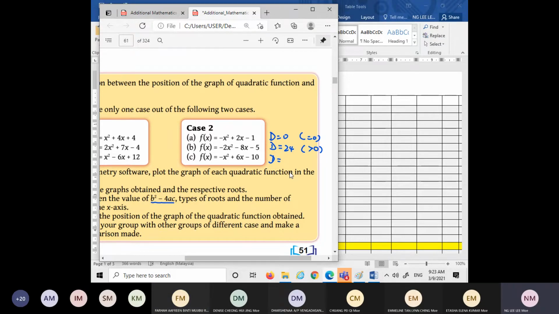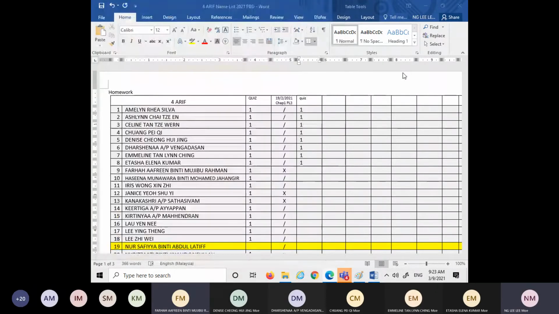I think C is negative. Teacher, negative 4. Negative 4. Yeah, sorry, teacher. Okay, it's okay. So this is negative.